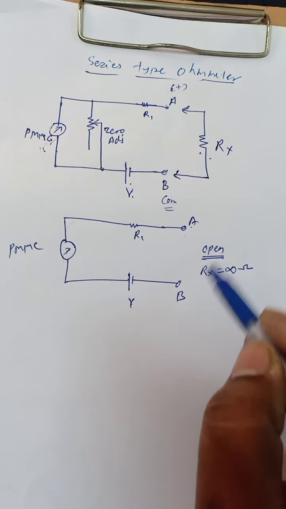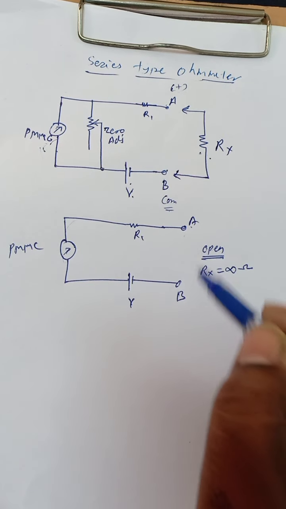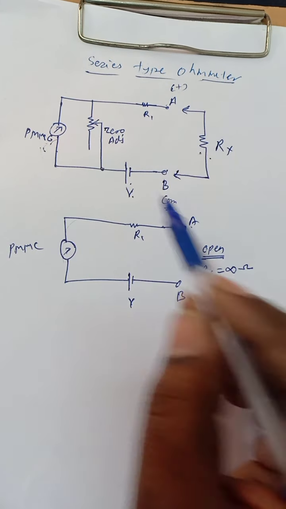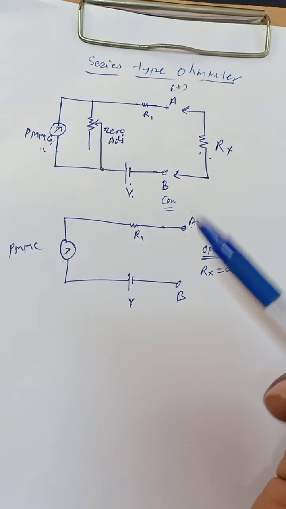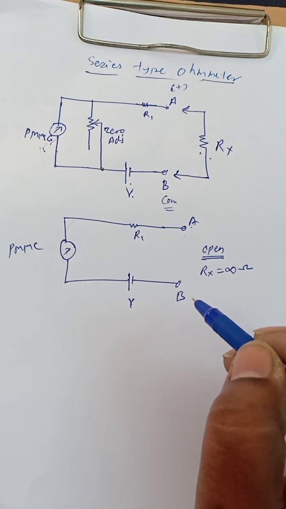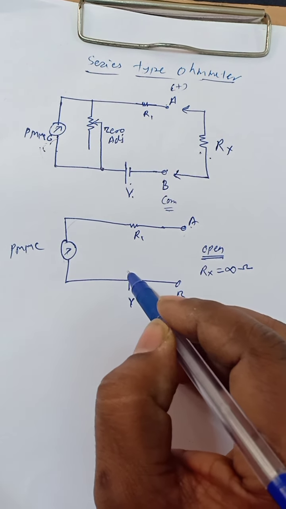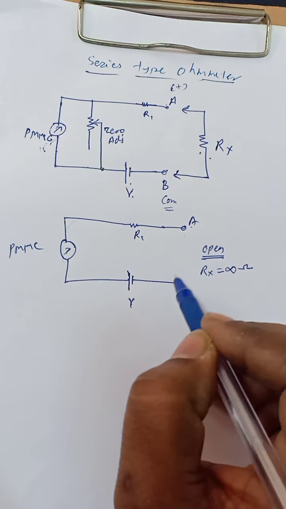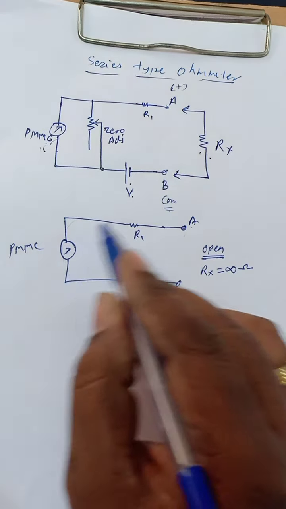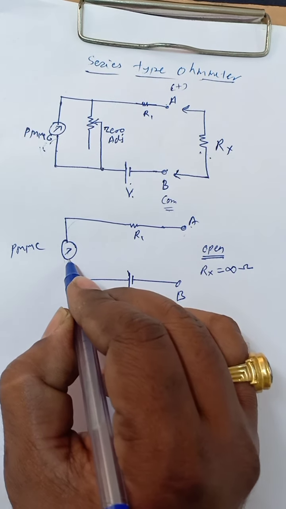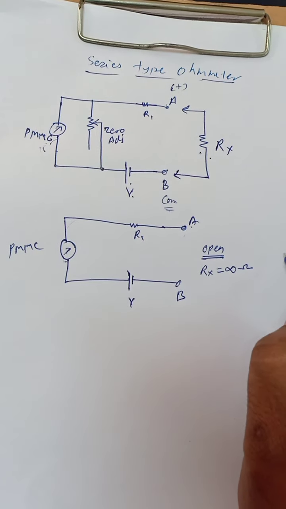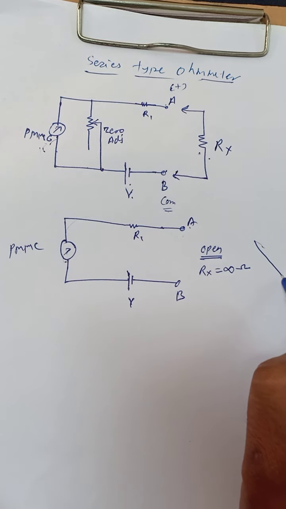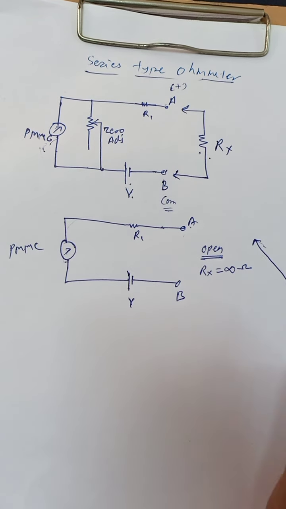So when we open A and B terminals, which are the terminals of this ohm meter, we just don't bother about this zero adjustment now. So Rx is equal to infinite ohm and the voltage source is here. There is no complete path, so it is open, and there is no current flowing through this circuit. That means if there is no current through the meter, then the needle is on the left hand side, in a resting position.